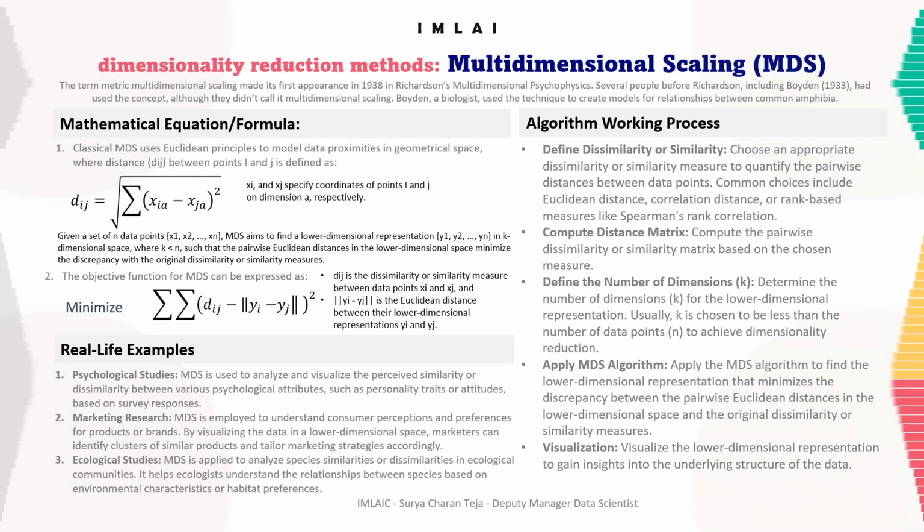Hence, in summary, multi-dimensional scaling (MDS) is a powerful dimensionality reduction technique that transforms high dimensional data into a lower dimensional representation while preserving the pairwise distances between the data points. It finds application in various fields to visualize and analyze the underlying structure of data, leading to valuable insights and informed decision making.